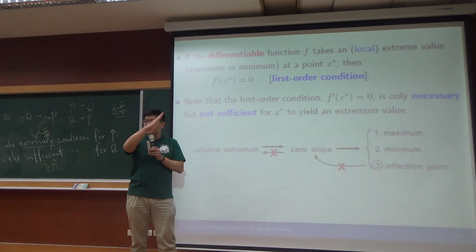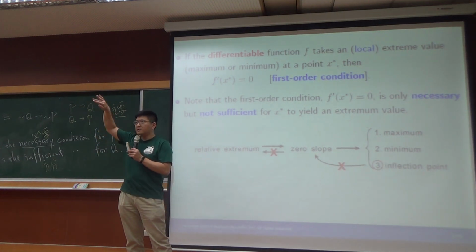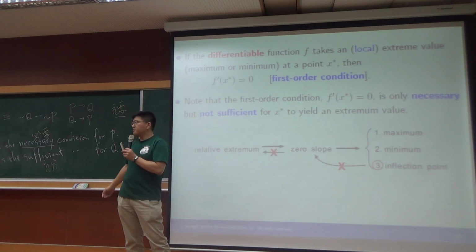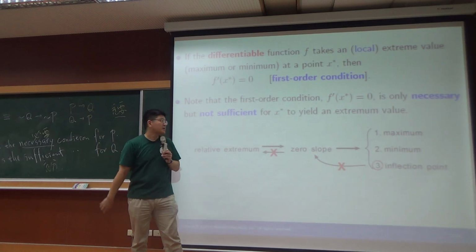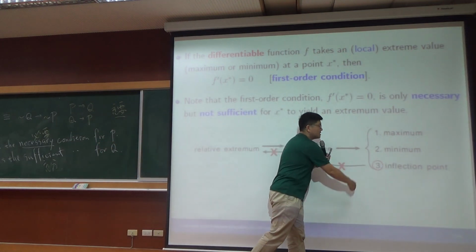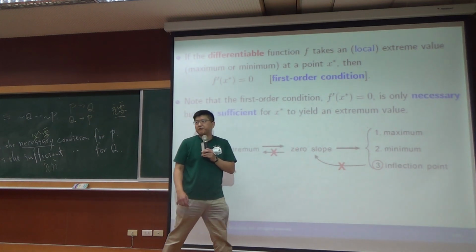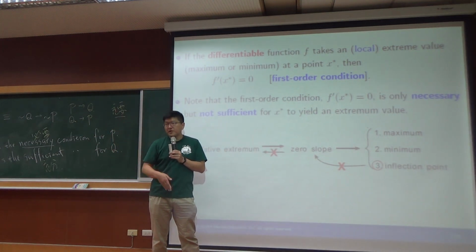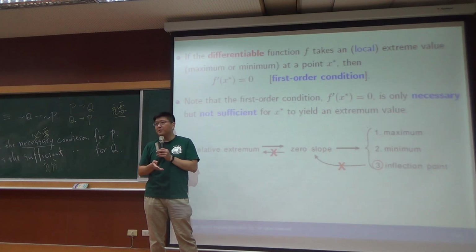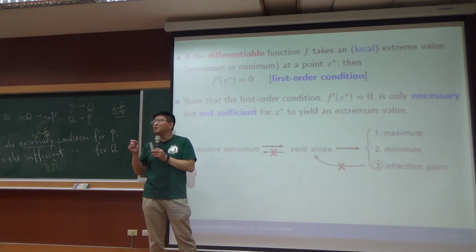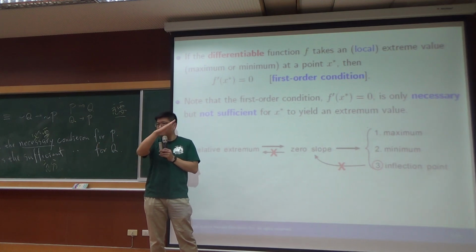Remember the example I gave you, the inflection point, 反曲点, okay? An inflection point's slope is not necessarily flat, not necessarily 0. It can be a negative slope or a positive slope.